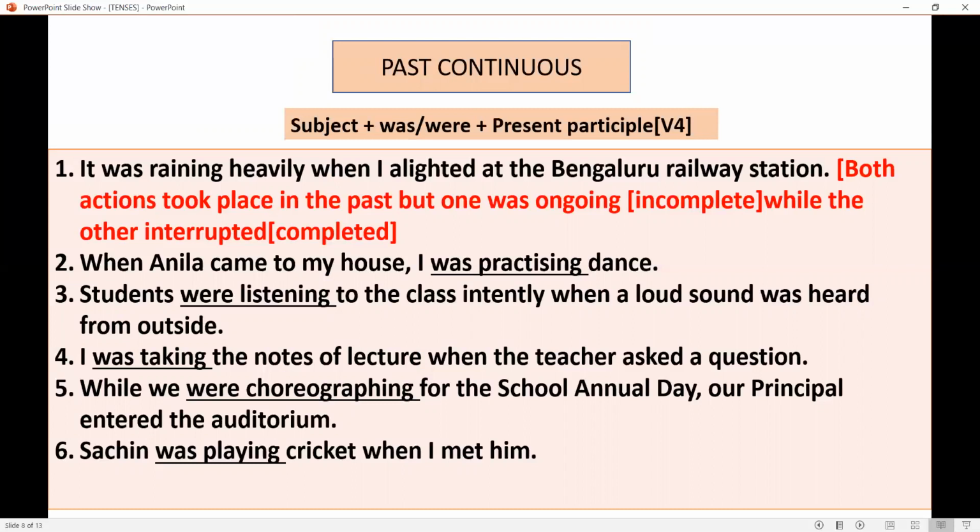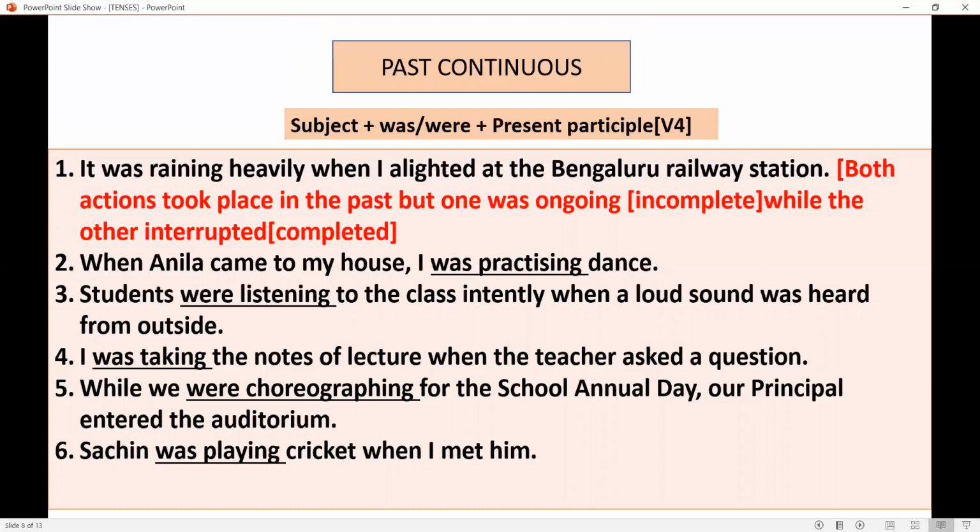It was raining heavily when I alighted. Alighted is the action which happened in the past. We have used simple past tense, but the ongoing action is was raining. Example 2. When Anila came to my house, I was practicing dance. So the ongoing action was practicing, and the action happened was Anila came.